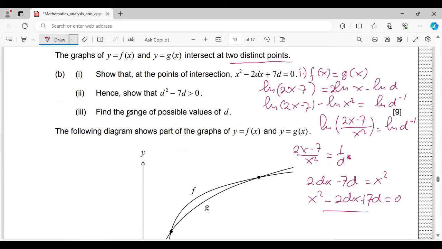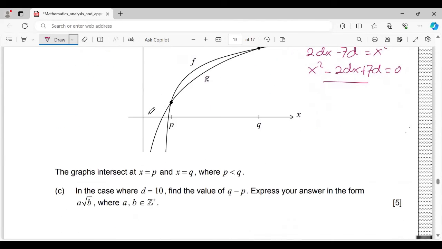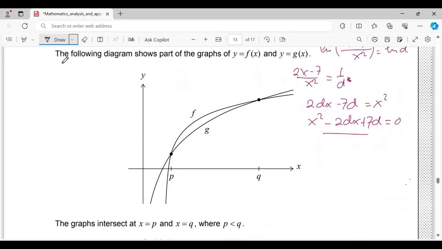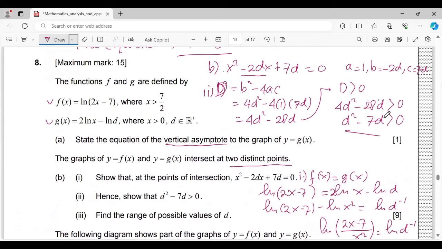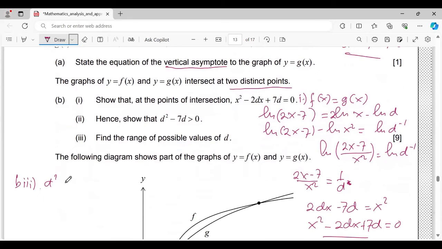Part 3, find the range of possible values of d. From part 2, d squared minus 7d greater than 0.